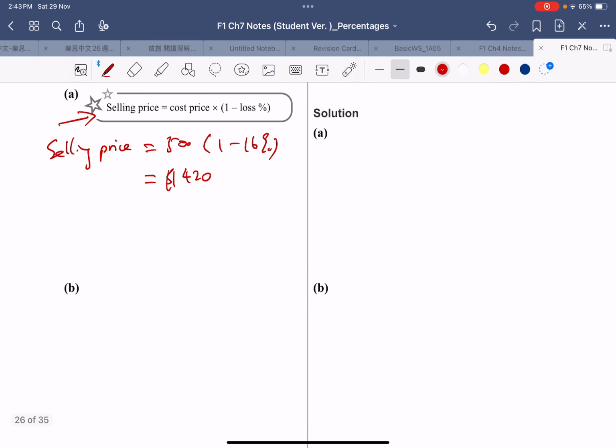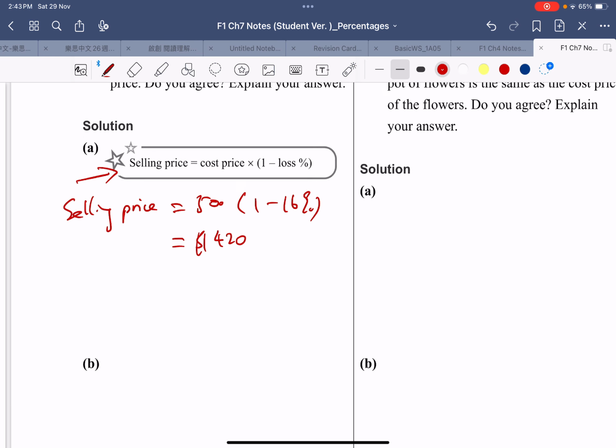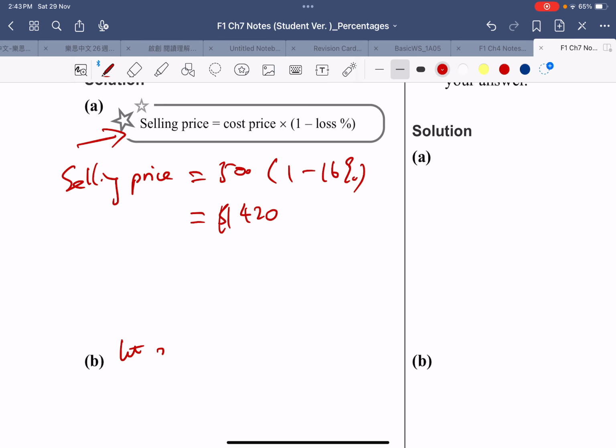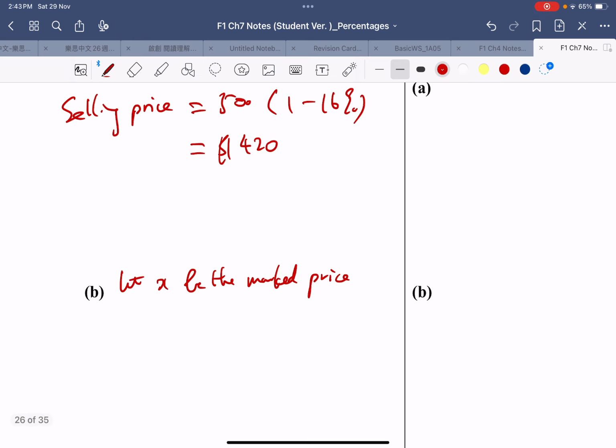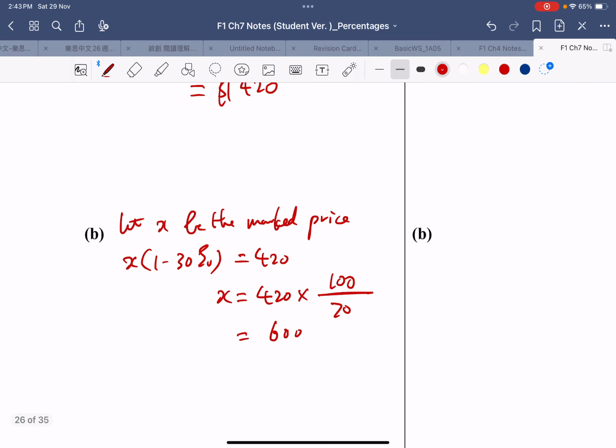Okay, you can let x be the market price first of the tennis racket, and then x times 1 minus 30% equals 420, and then 420 divided by 0.7, be quick, and that gives you 600.